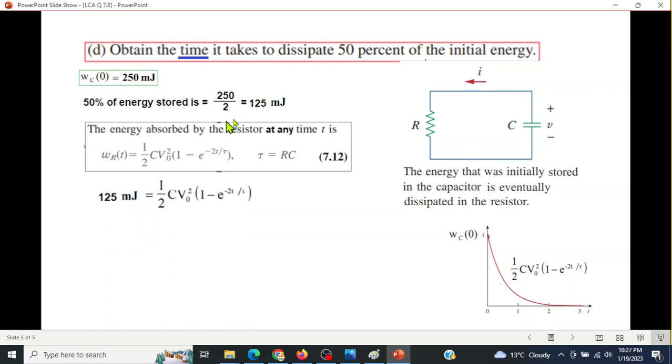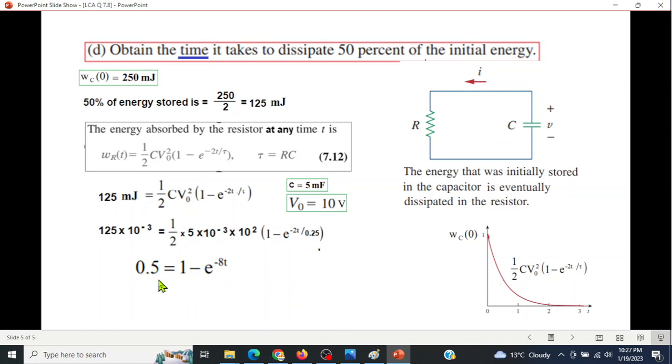Okay, so we put the value now: half, or 50%, is 125 mJ, equal to half C V0 squared times 1 minus e raised to the power minus 2t over tau. So in this formula, plug in the values of the capacitor and V0.